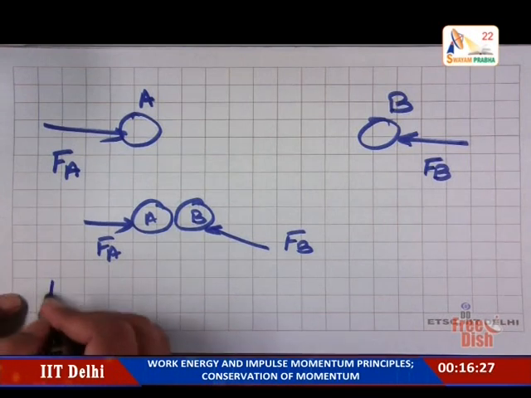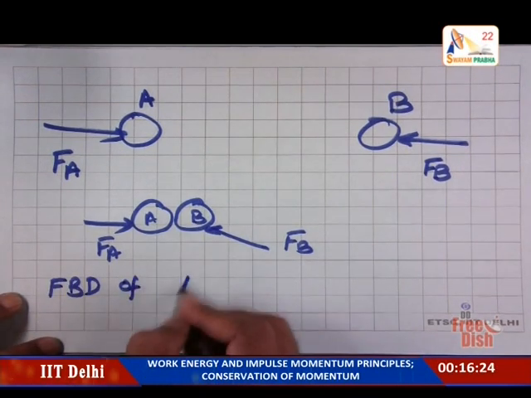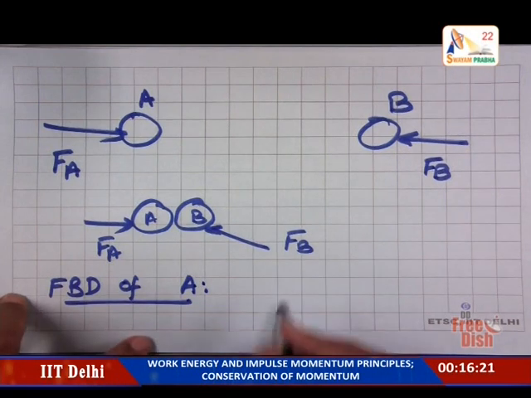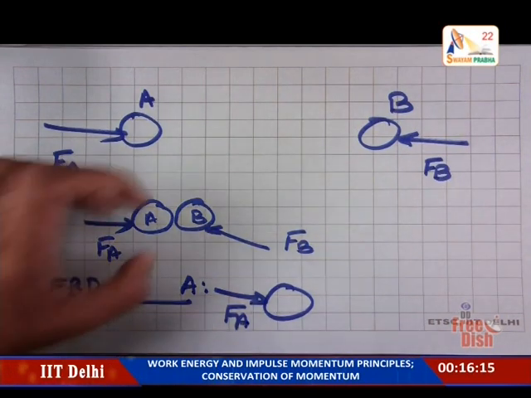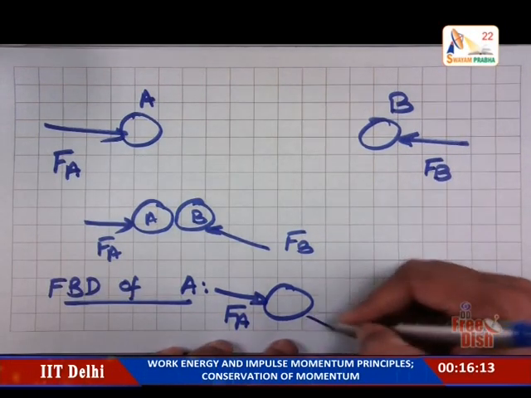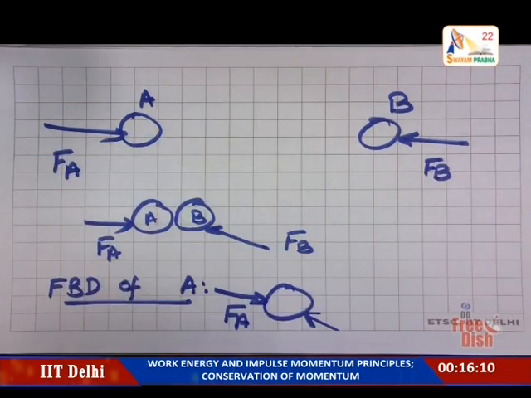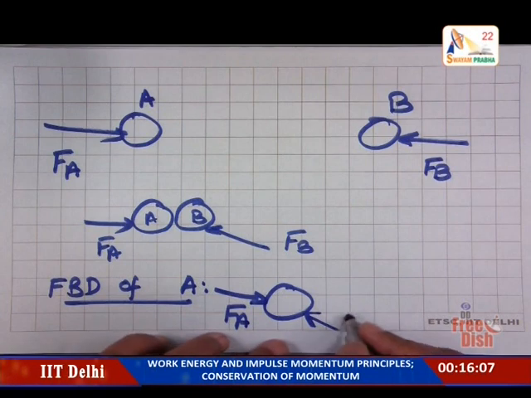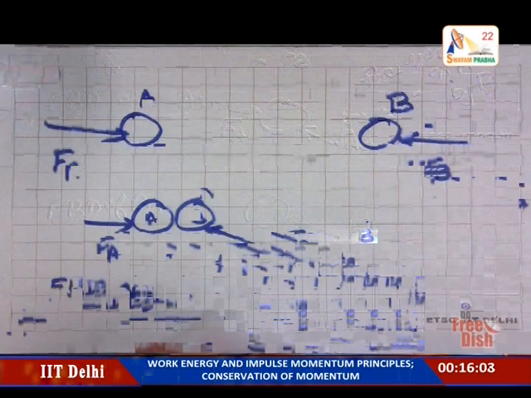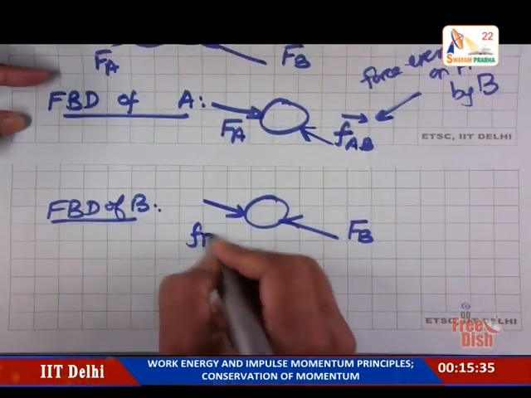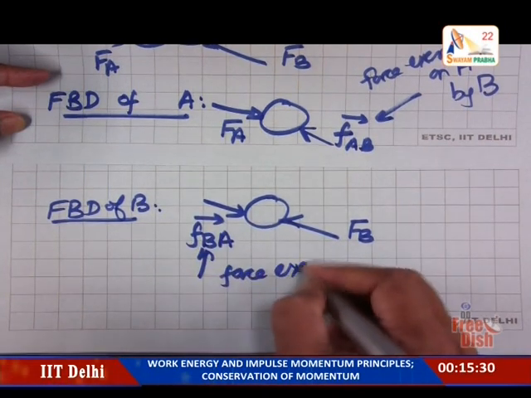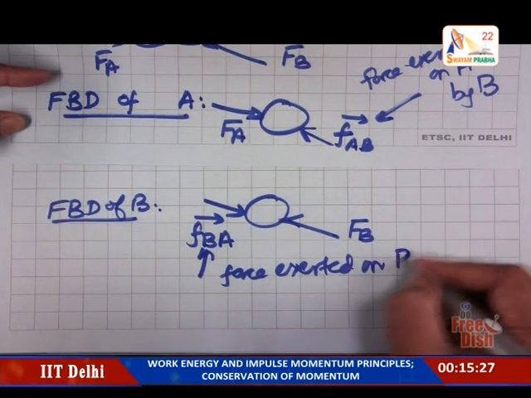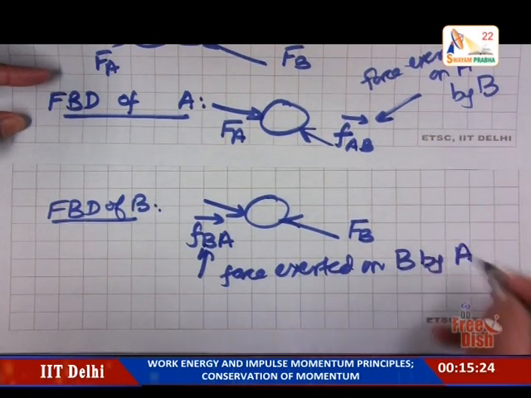Now, if I draw the free body diagram of particle A, it will show me Fa. Now, I have to show all forces external to particle A. Now, particle B, suppose these are touching each other, will exert a force on particle A, and let me call this Fab. On particle B I will have Fb, and then Fba. This is the force exerted on B by particle A.